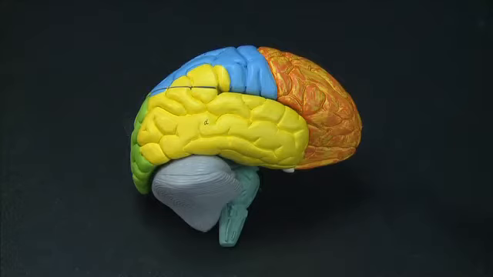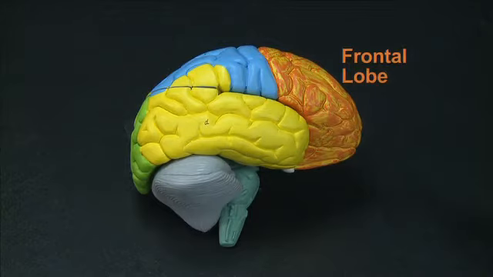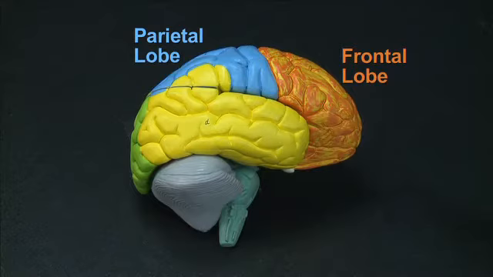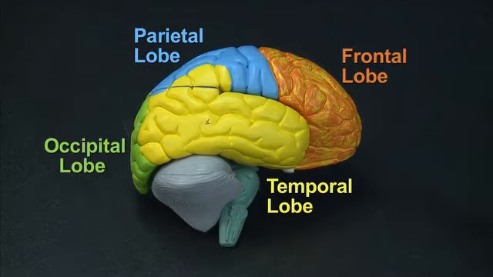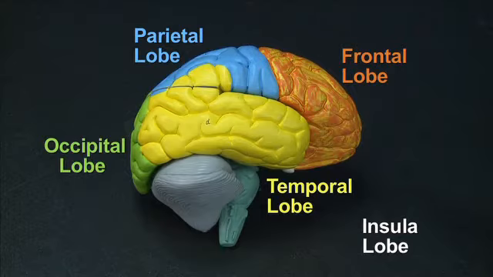When looking at the brain from the lateral view, we can easily identify four lobes: frontal in orange, parietal in blue, temporal in yellow, and occipital in green. Deep underneath the temporal lobe sits a fifth lobe, the insula.